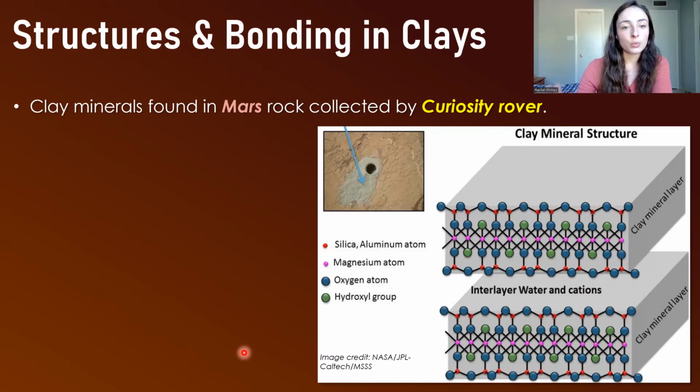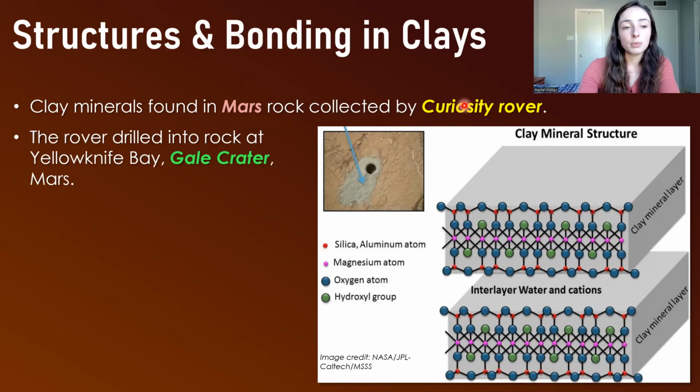Just an interesting anecdote really quick I found as I researched for this video is that clay minerals have been found on Mars in rock collected by the Curiosity rover.